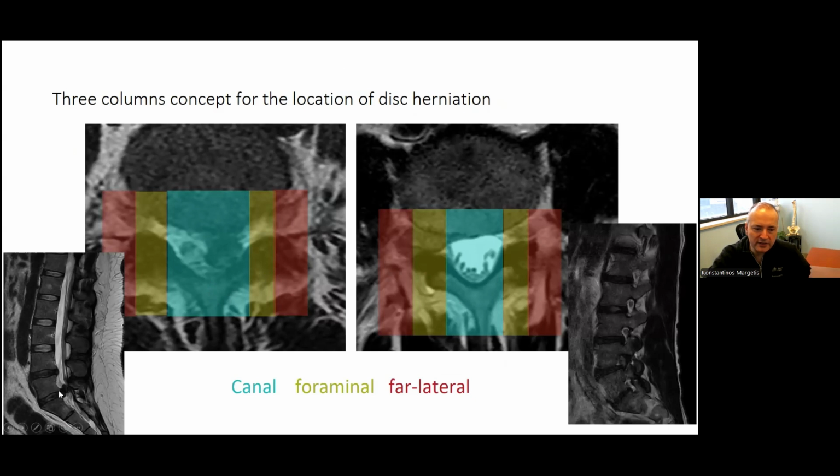And you can see here there is a big disc herniation, and we can see that same disc herniation here, and it is in the central zone. When we do surgery for that, we usually do a laminectomy, and we will see what that is. And when it is in this foraminal or far lateral zone, when we do surgery, we might need to approach it through a different approach.